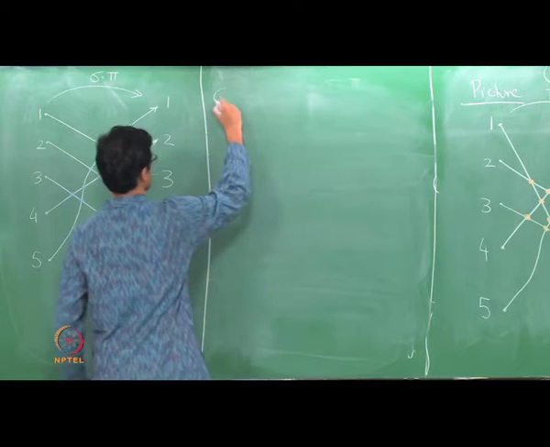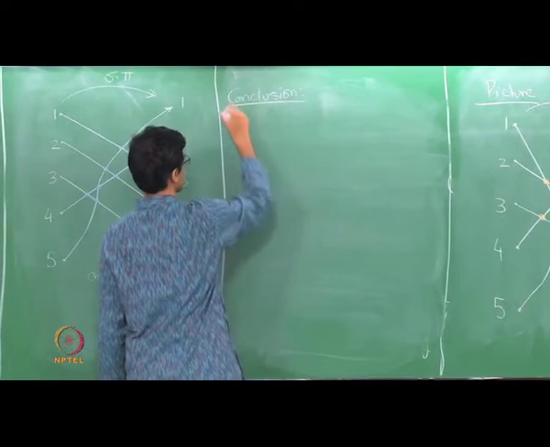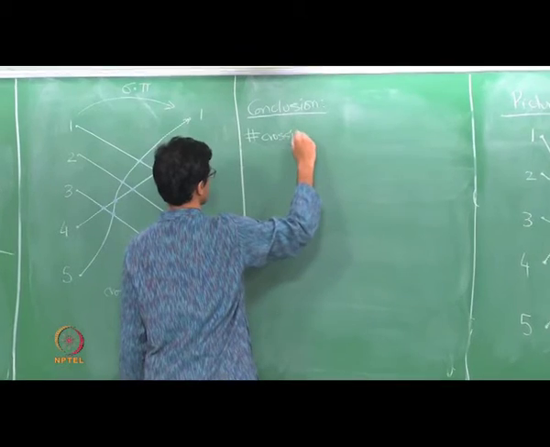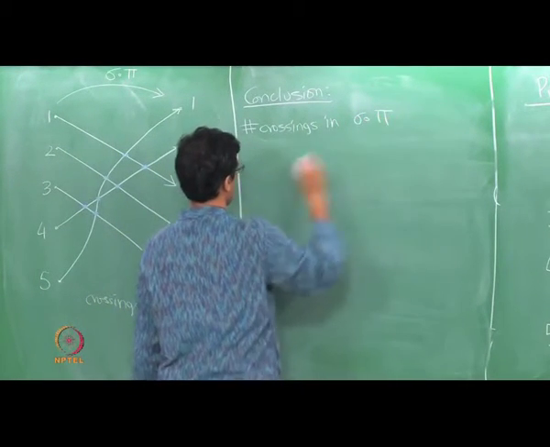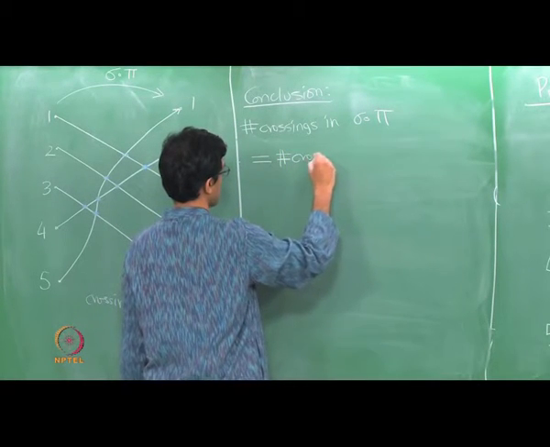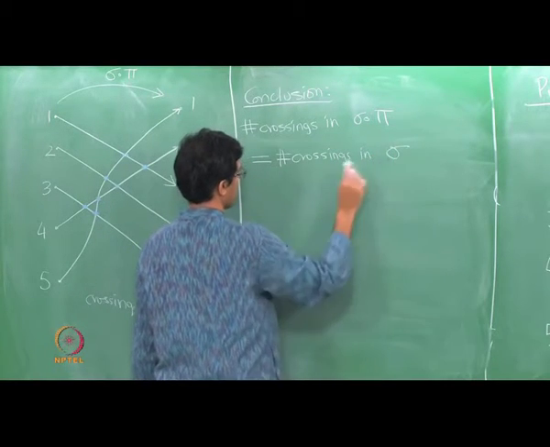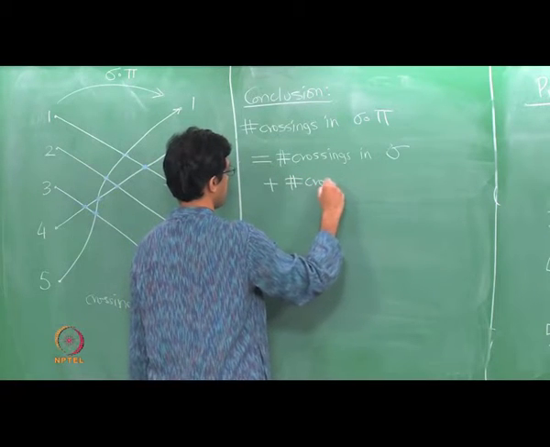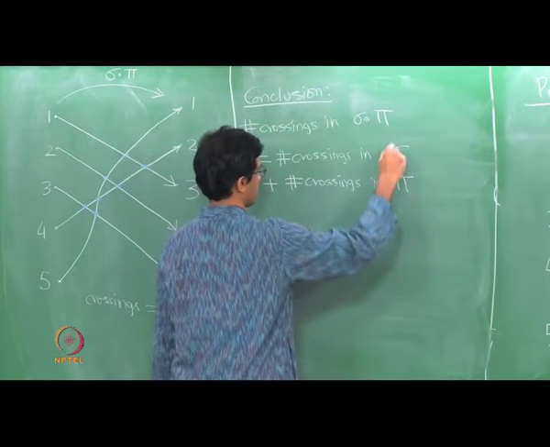So here's the very interesting conclusion of this whole discussion. If I want to count the total number of crossings, so the number of crossings in the composition of sigma and pi is, well, you can obtain it using the following formula. You first count the number of crossings in sigma, to which you add the number of crossings in pi, okay.